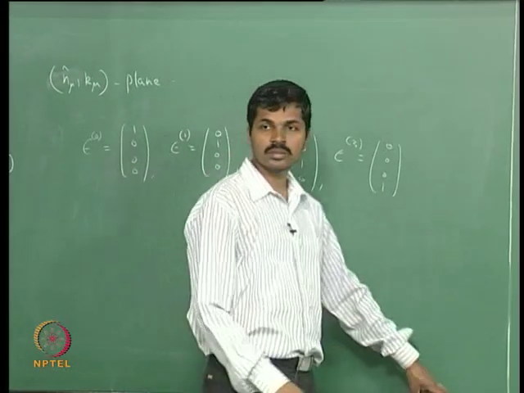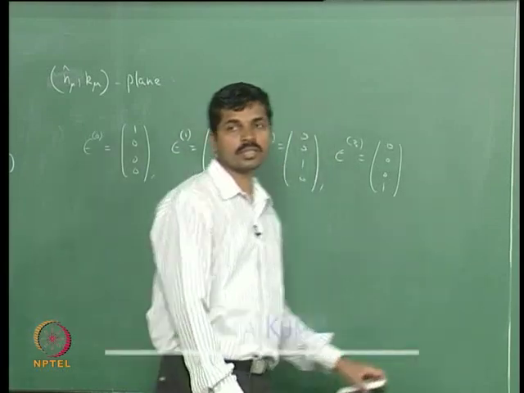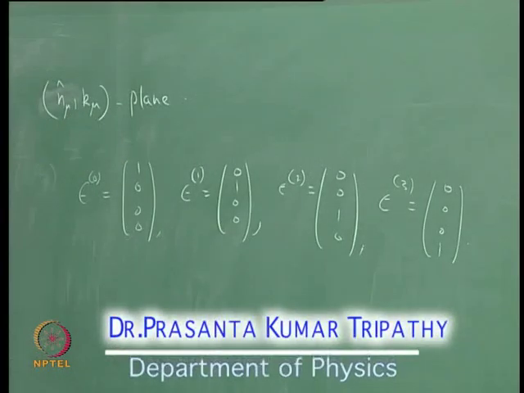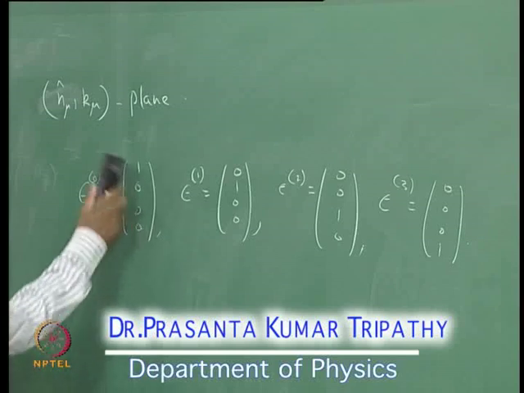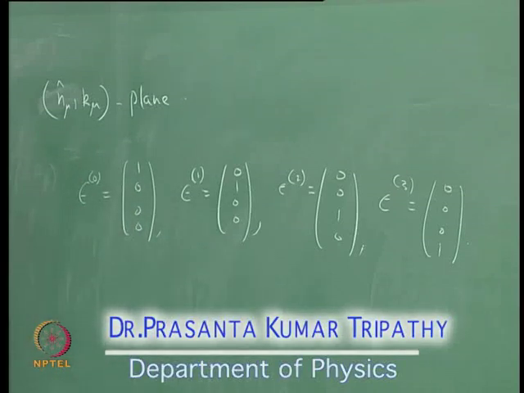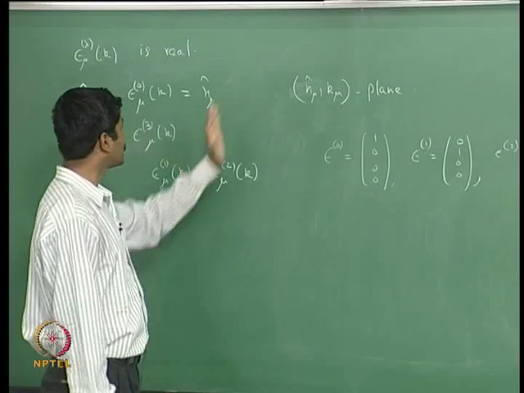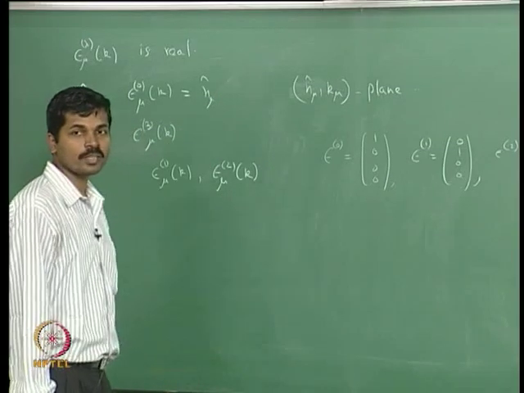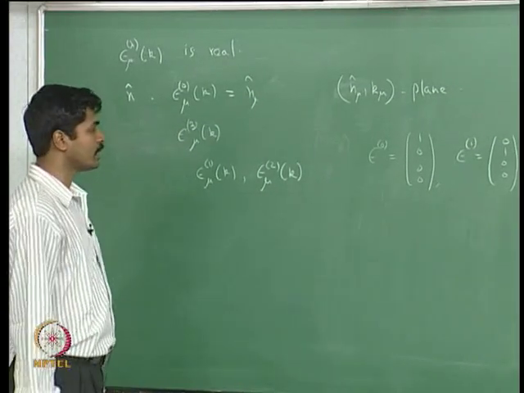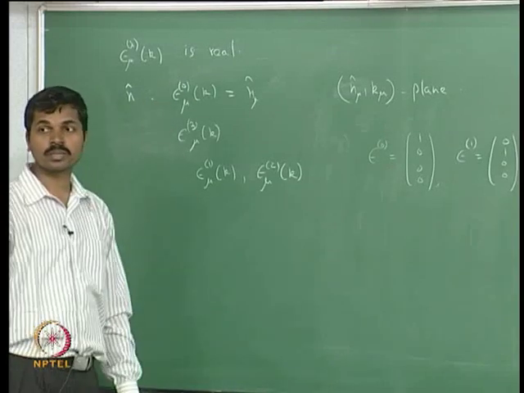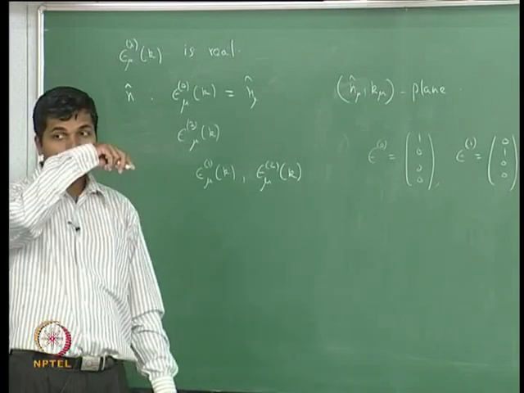Yeah, unit vector along the... I mean, not exactly k mu, but this is just one choice that I have given. You need not restrict yourself to four linearly independent ones.